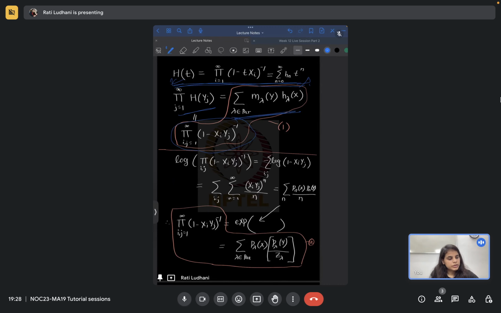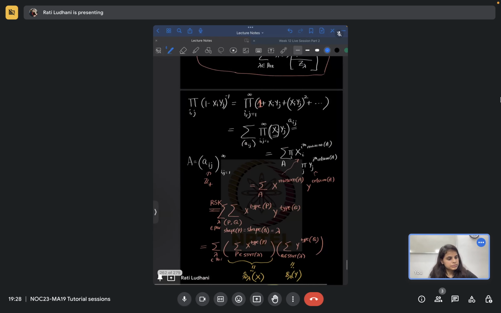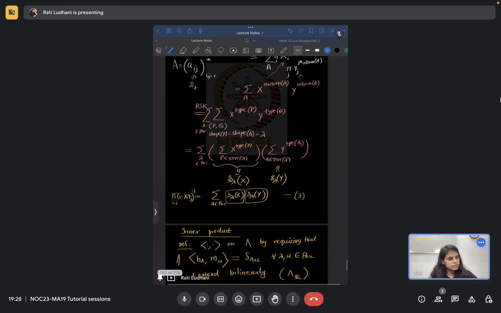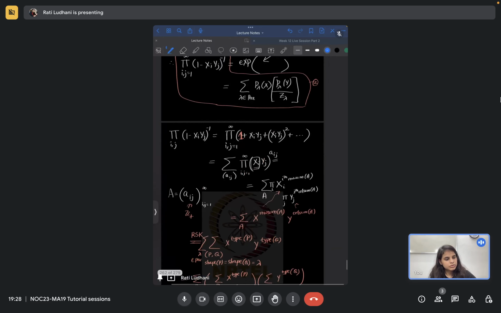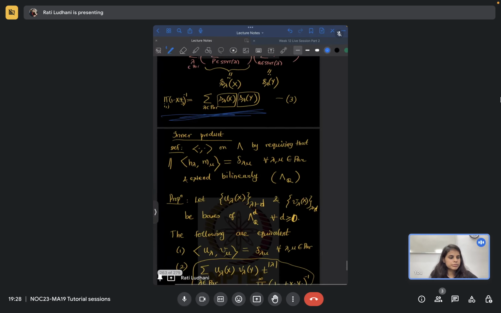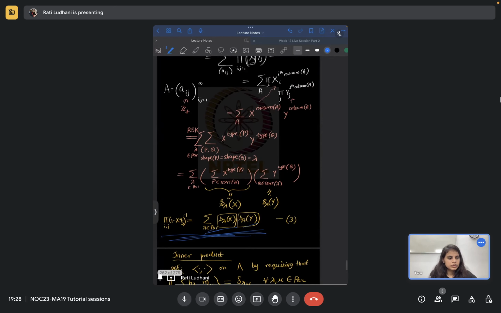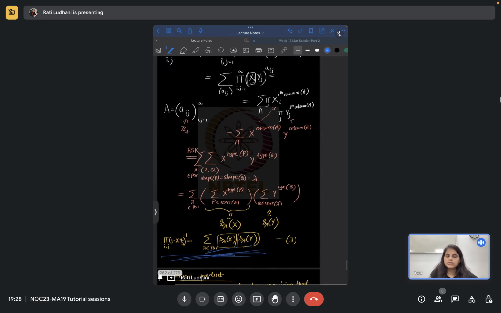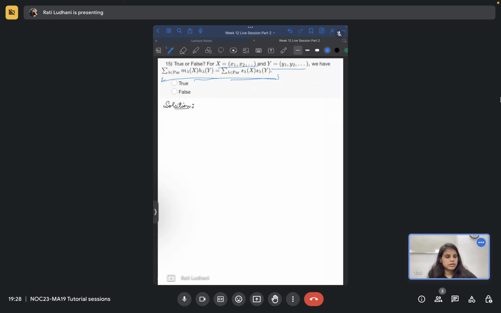Now look at this expression which we get here. We get this product to be equal to this. So from this and this expression, we get what we wanted: m lambda into h lambda is equal to s lambda into s lambda. Is that clear? Yes, ma'am. So we can do it using the generating functions. So this is a true statement, covered in notes.